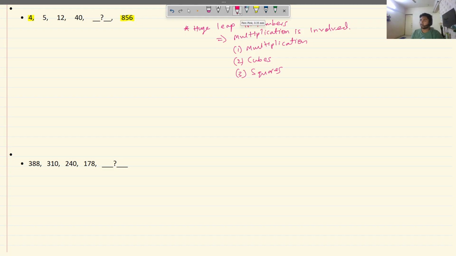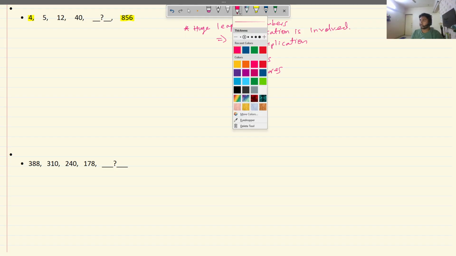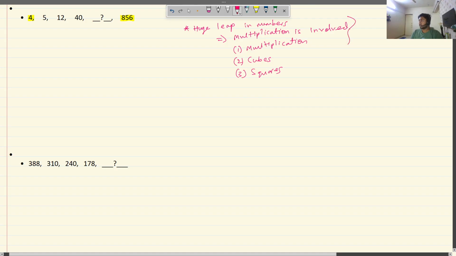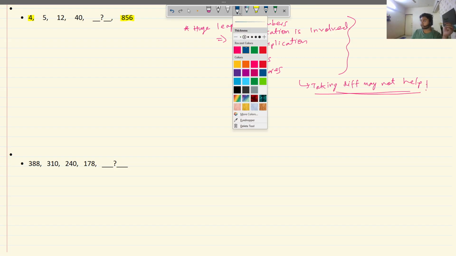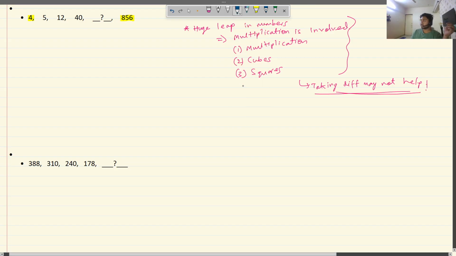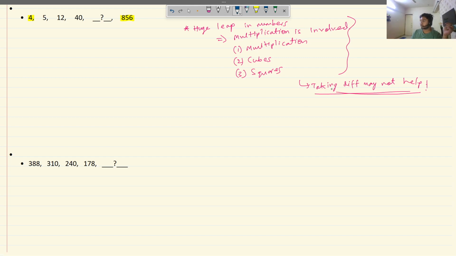Here in this case, taking the difference doesn't help, or may not help. This is not a hard and fast rule.